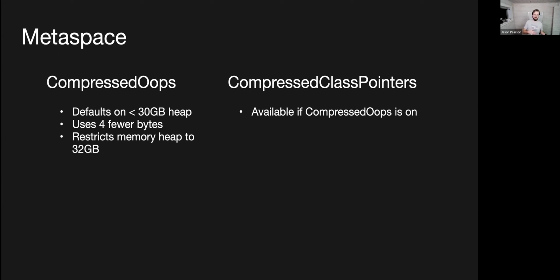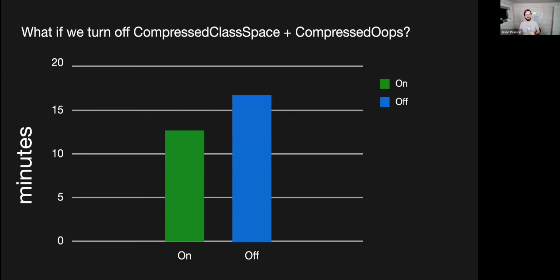It will default to on under 30, but it is allowed up to 32. That's because of memory limitations and the fact that it uses 4 fewer bytes, which is faster. So that compressed class space size is only available through compressed class pointers, and that's available if compressed oops is on, and that's about the 32 gig limit.